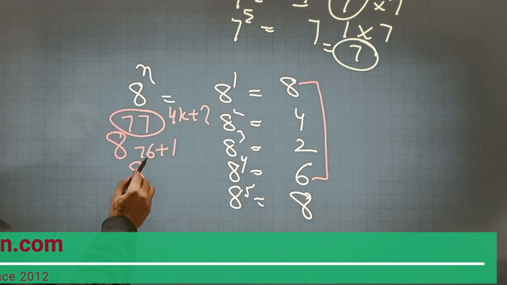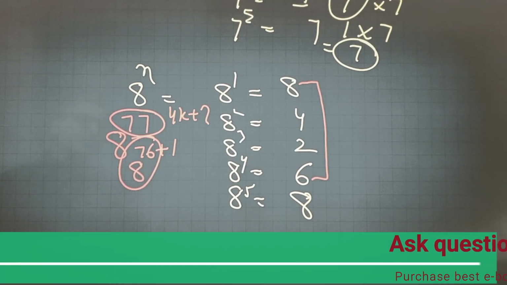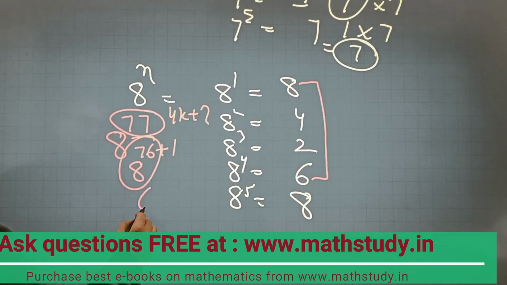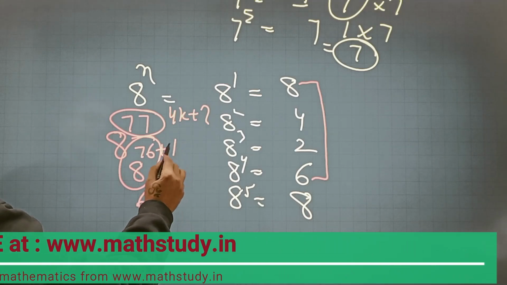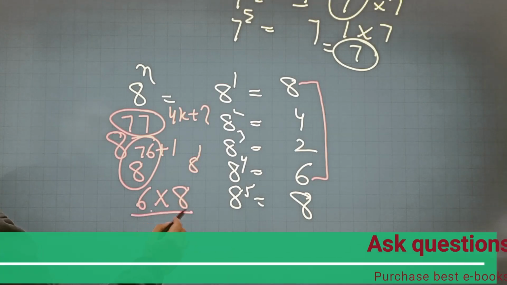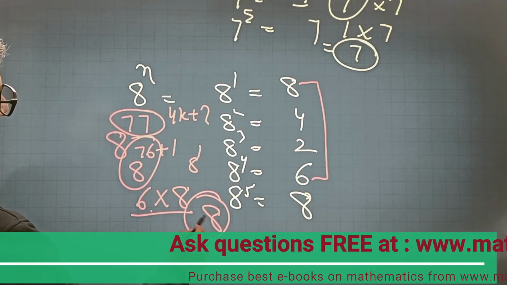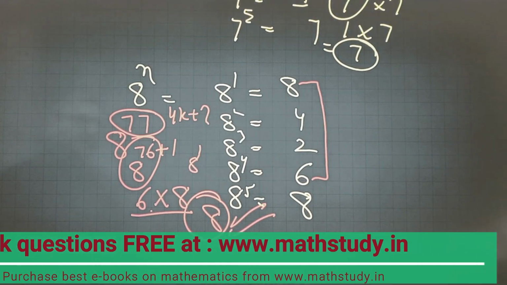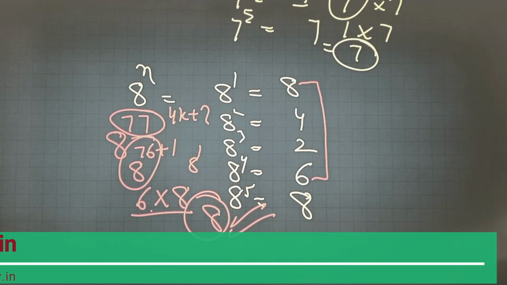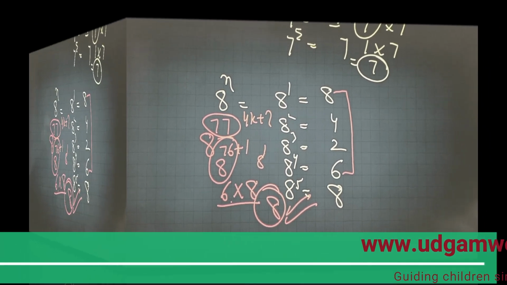Very simple. 8 raised to the power 76 will give you 6 at the unit place. So you will get 6 into 8 raised to the power 1, which gives 8. Now multiply these numbers. 8 times 6 is 48. So you will get 8 at the unit place. That means when we expand 8 raised to the power 77, we get 8 at the unit place.